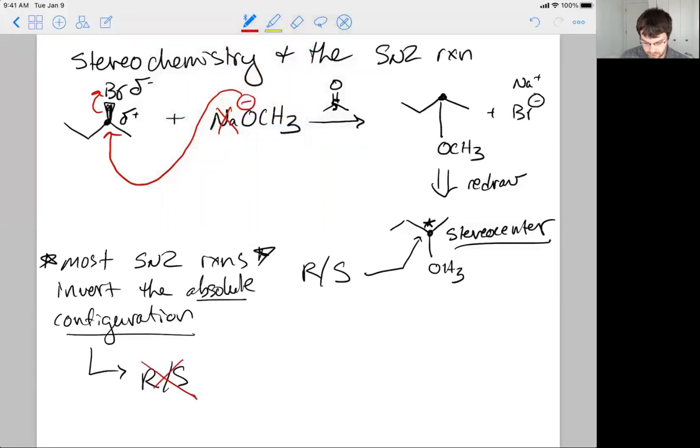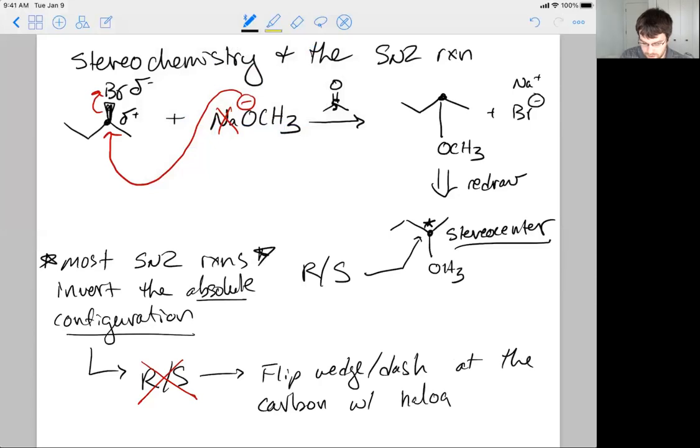But alternatively, what I would recommend is we flip the wedge/dash at the carbon with the halogen. This approach will allow us to get the answer correct in nearly all cases.